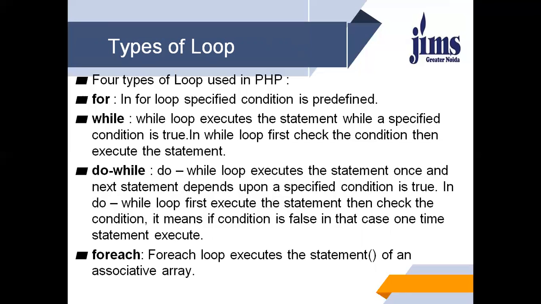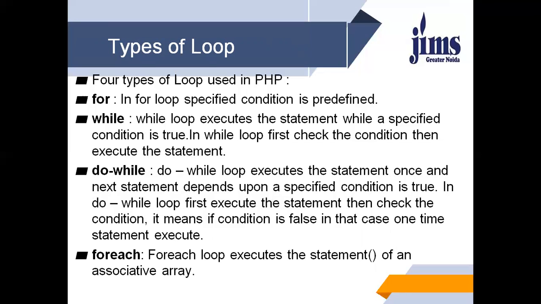In a for loop, the specified condition is predefined. A while loop executes a statement while a specific condition is true. In a while loop, first check the condition, then execute the statement.